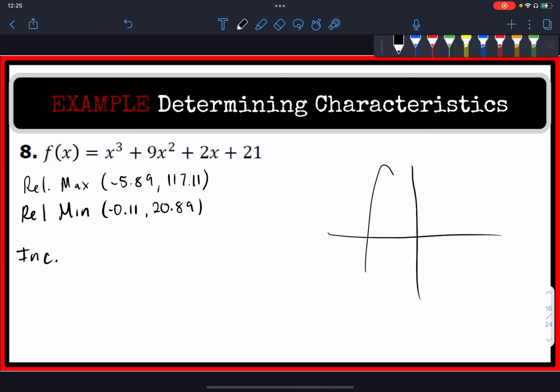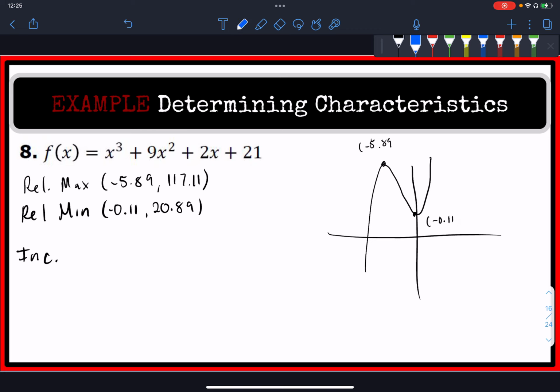So it goes up, it goes down, and it goes back up. And it reaches a maximum right there at negative 5.89. And the minimum value is right here at negative 0.11. Of course, with the y values, but the y values are really not important for this next part here.